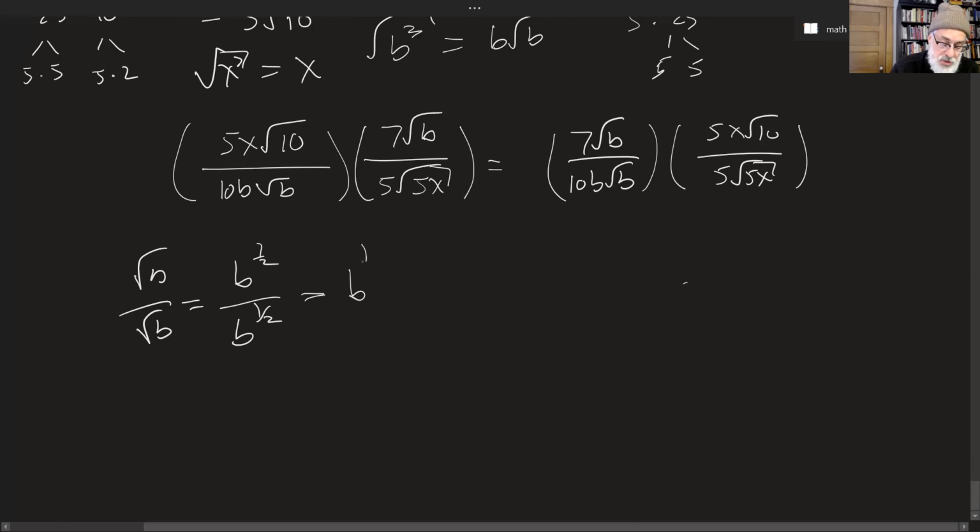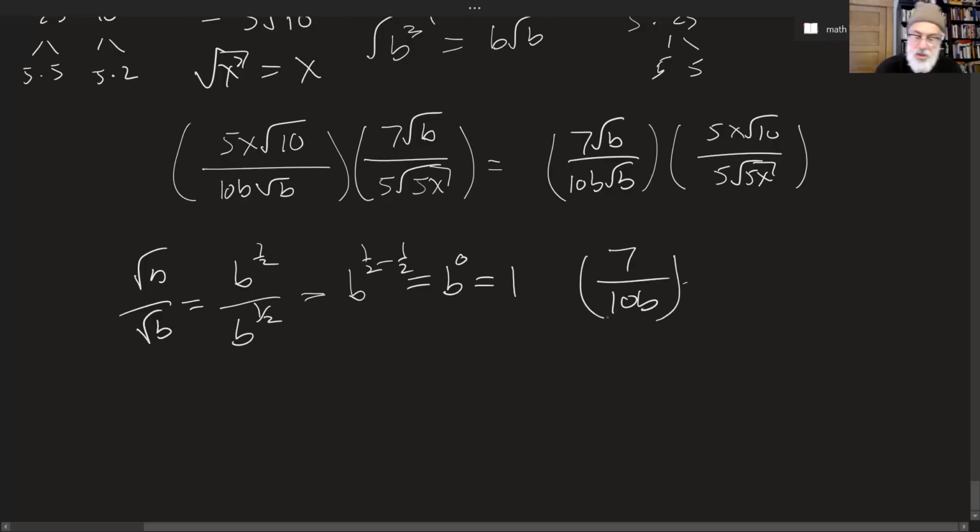The law of exponents says that if I have a quotient, I subtract the power of the denominator from the power of the numerator. This becomes b to the 0, and anything to the 0 is 1. It's a fancy way to say that the b's cancel. So this becomes 7 over 10b. Now we have a 5 here, so 5 and 5 cancel. Then we have x square root of 10 over square root of 5x.